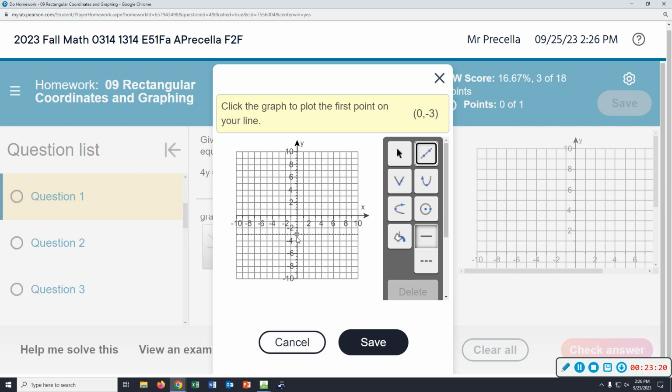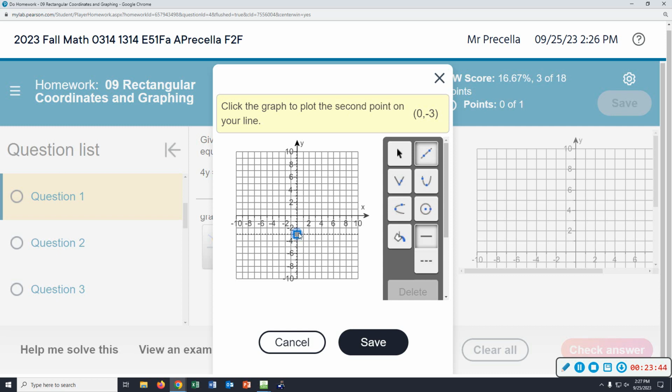There'll be some where the grid is very tight. Here it's easier to count, 1, 2, 3. But notice, as I move my mouse around, in this little yellow box, you see how it's telling me where my pointer is? That makes it easy for me to tell if I'm at the right place. I want 0, -3. Is that the point?